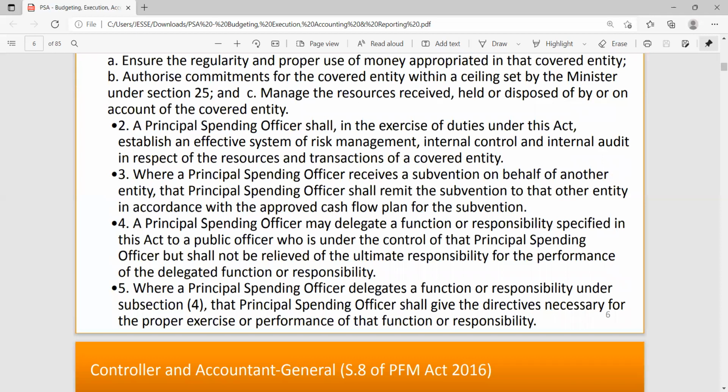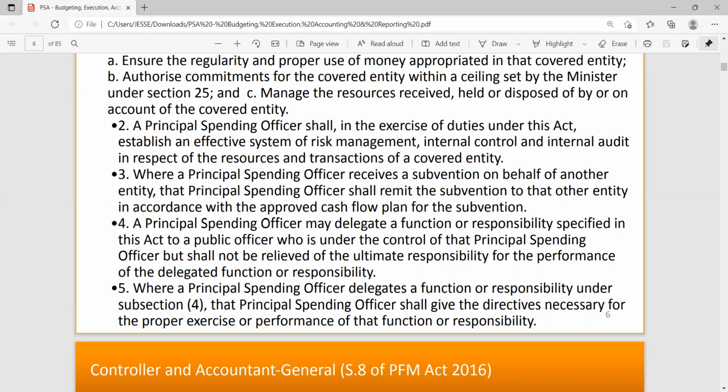So again, we see that just like the minister and the chief director had delegatory powers, the principal spending officer also has the ability to delegate. So the principal spending officer can delegate some task or responsibilities to a public officer who is under the control of the principal spending officer. But again, they are not relieved of their ultimate responsibility.